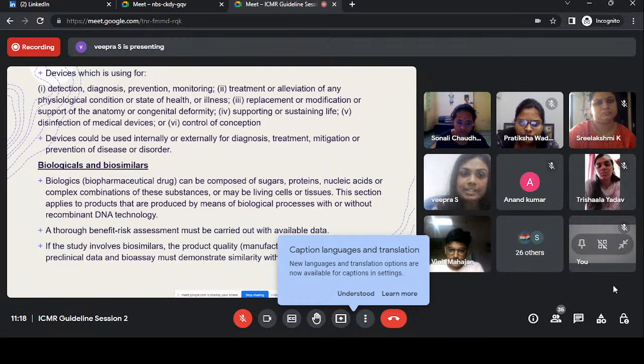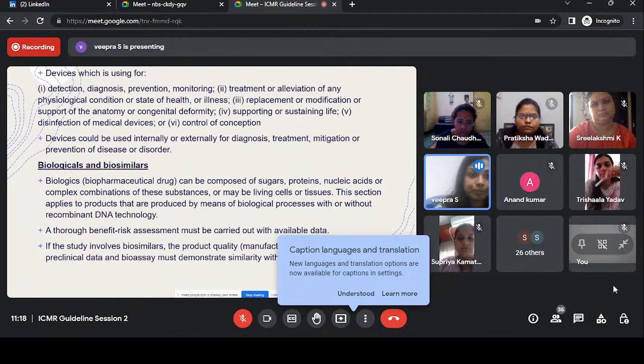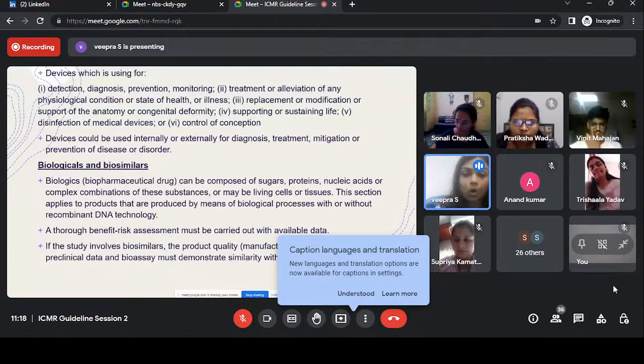So those we are giving internally, right? Then what are external devices? The blood sugar glucometer, BP apparatus, weighing machine, oximeters, thermometers. Like that, some devices which we are using internally or externally.